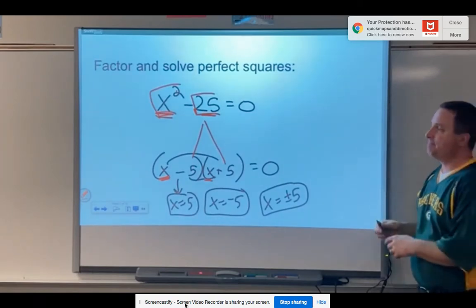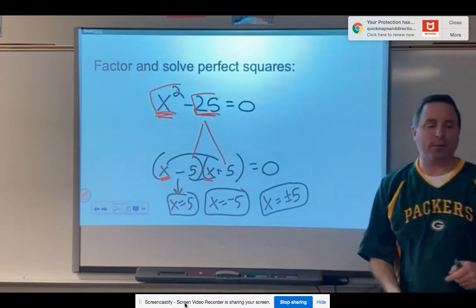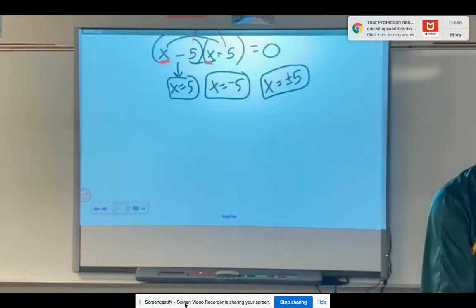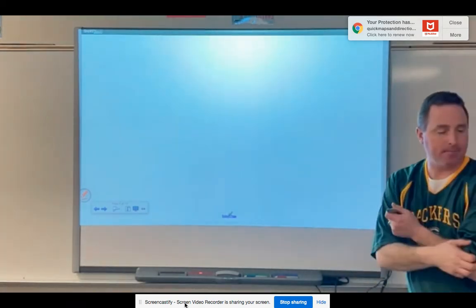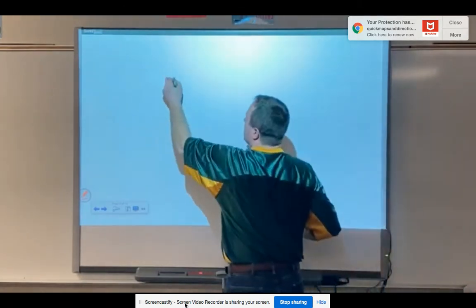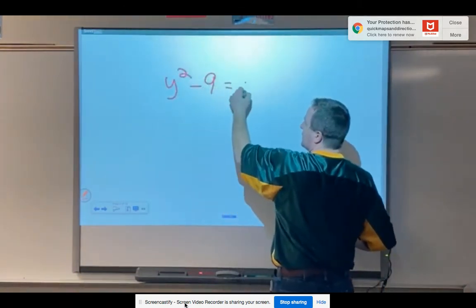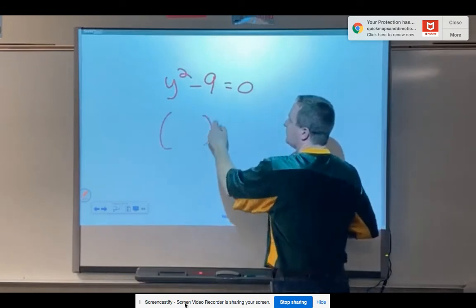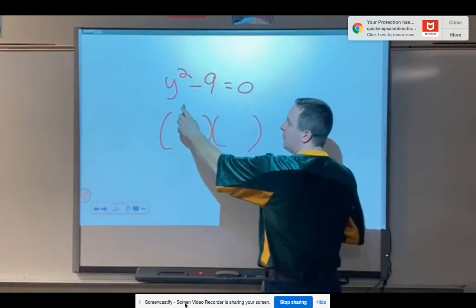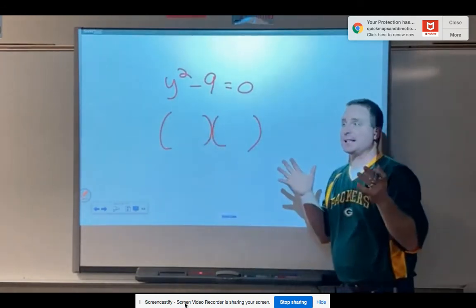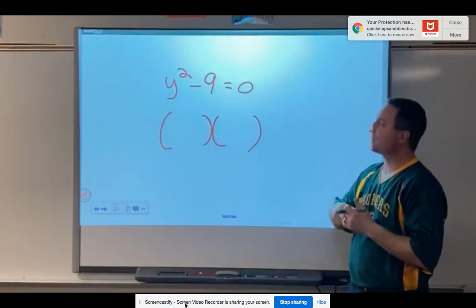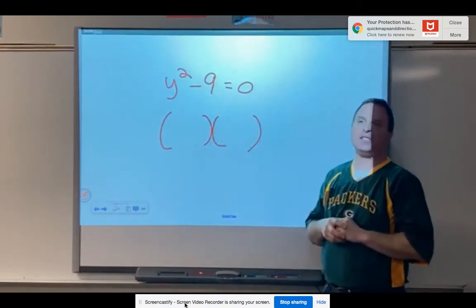Okay. Let me try another one here. What if I had something that looked like, how about this one? y squared minus 9 equals 0. There's only two terms. That's the dead giveaway that it's perfect squares: there's two terms and the middle term is 0.